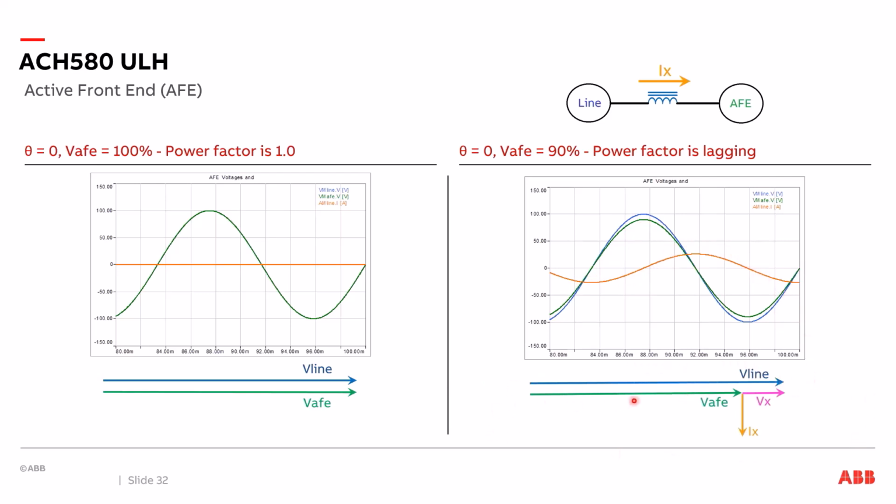The voltage of the active front end is now 90% of the voltage of the line. Therefore, we now have Vx. Vx is the difference between the voltage of the line and the voltage of the active front end. Because we're going through that reactor, now Ix has a 90-degree phase shift. So current is lagging by 90 degrees.